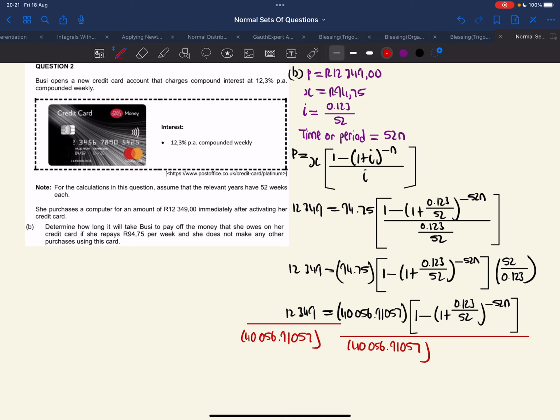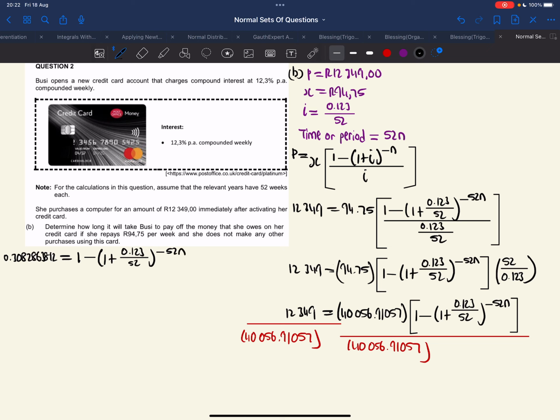If you do that, you get 12,349 over 40,056.91057, which gives 0.3082863812 equals 1 minus 1 plus 0.123 over 52 to the power of minus 52n.